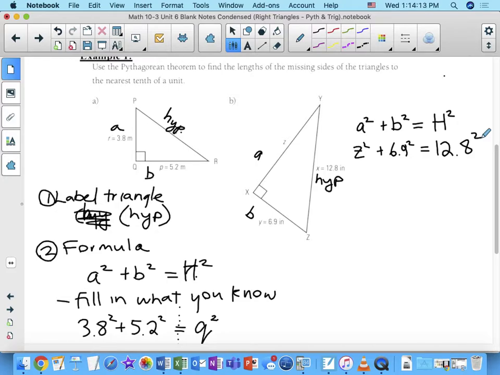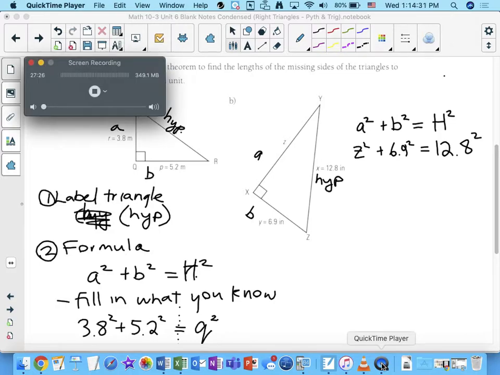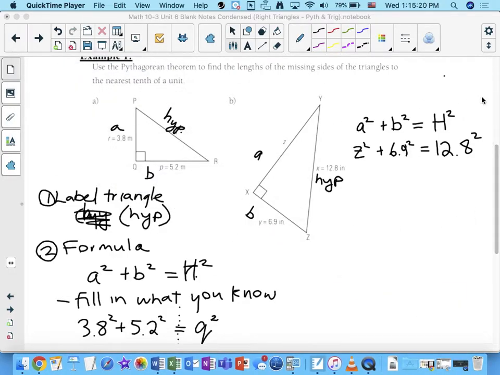Yeah. All right, I think what you were saying was we could subtract the 6.9 squared? Yes, okay. We need to get z squared by itself.